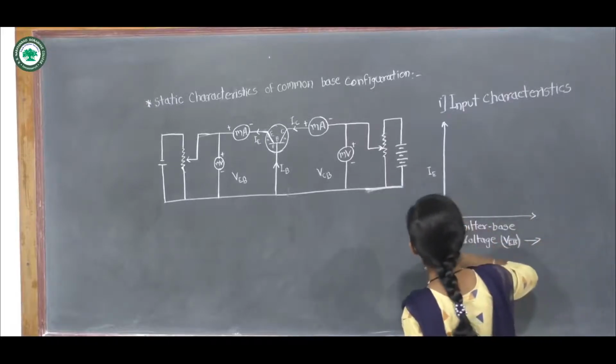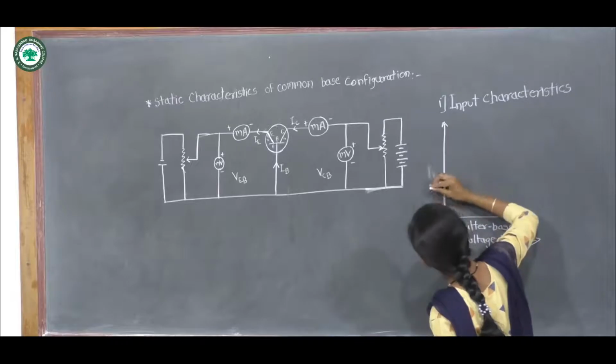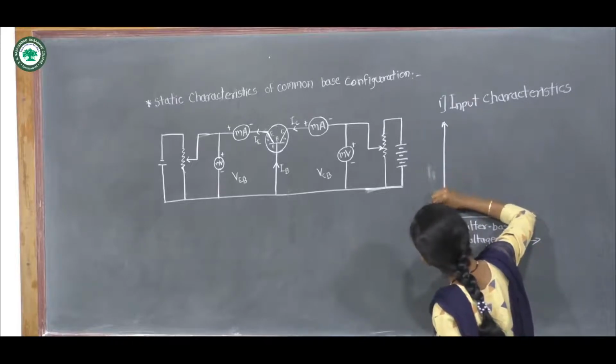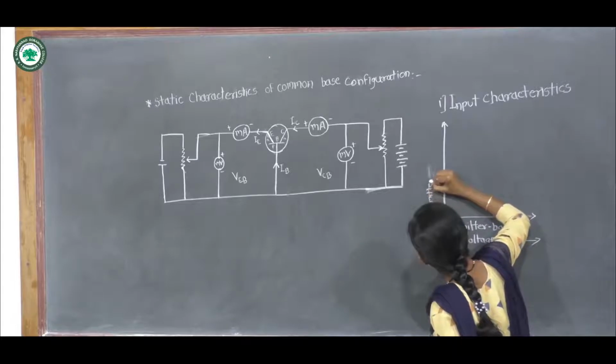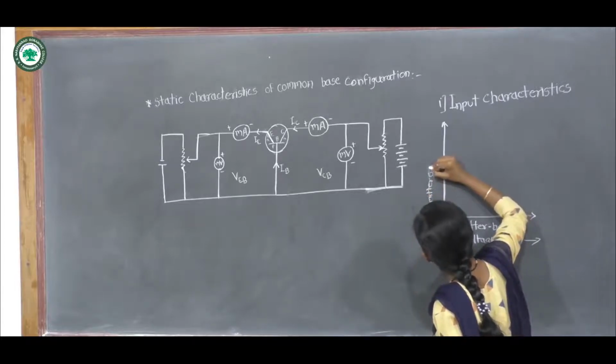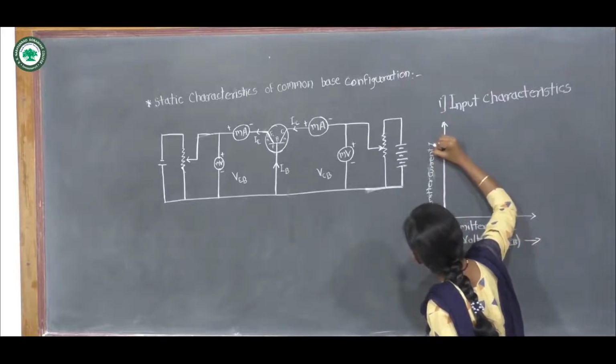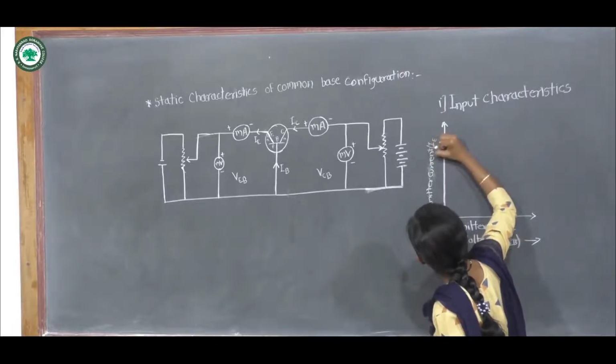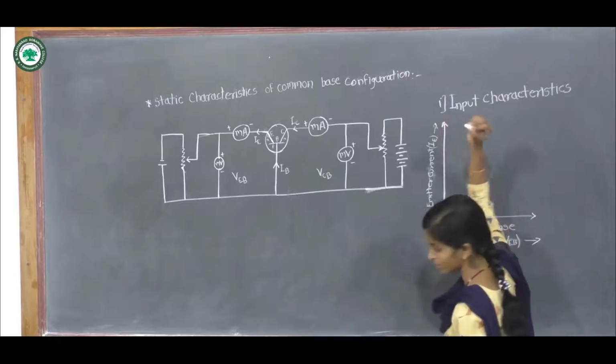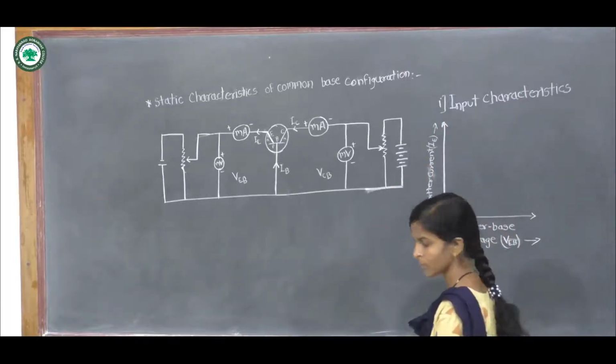Here is the emitter current IE along the y-axis.